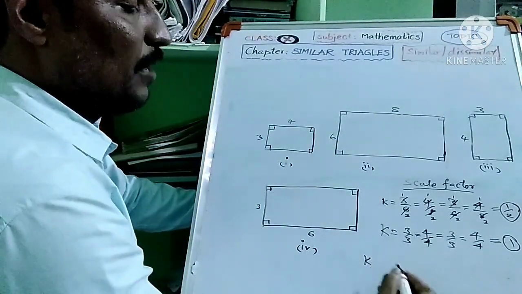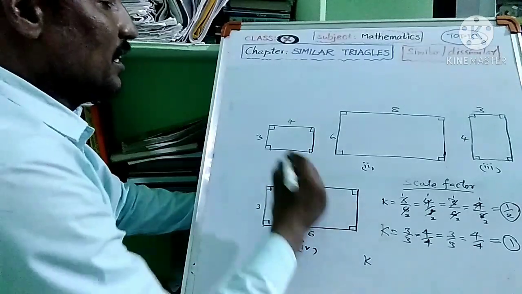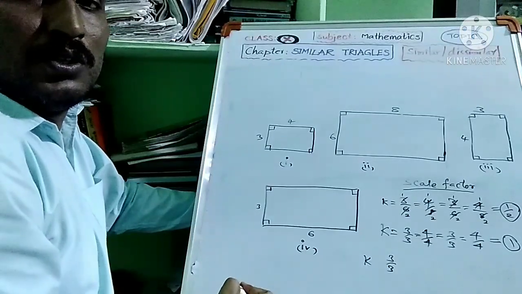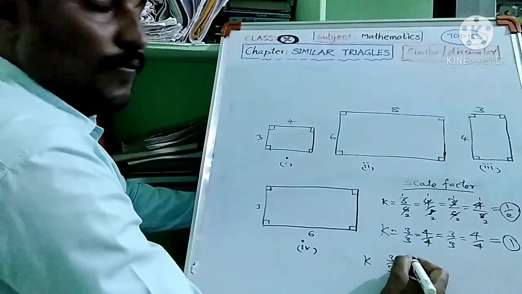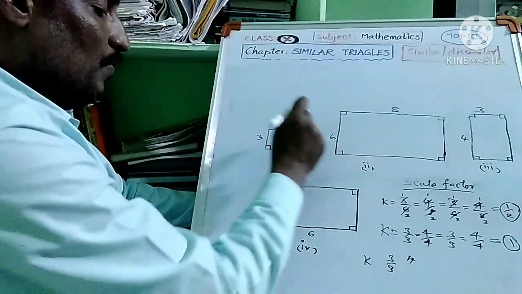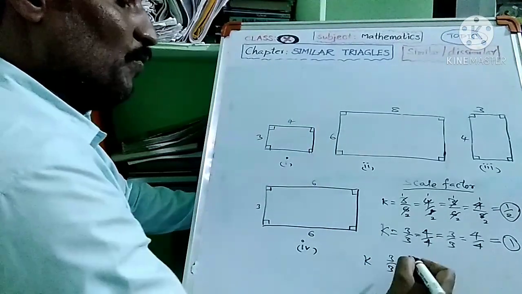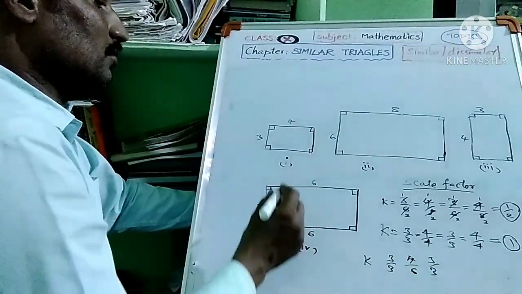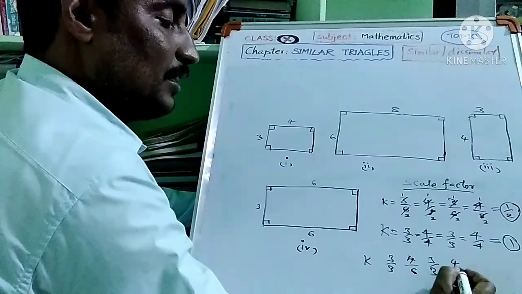Now let us check whether the scale factor K is equal for all the corresponding sides. 3 by 3, then 4 by 6, then 3 by 3, and 4 by 6.